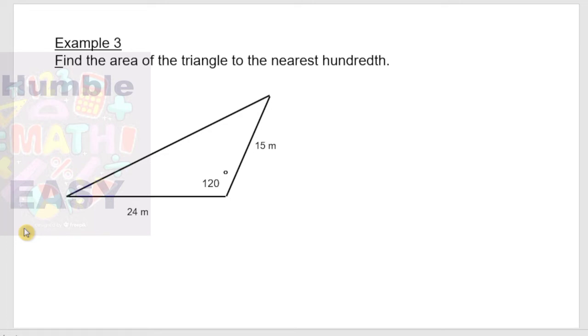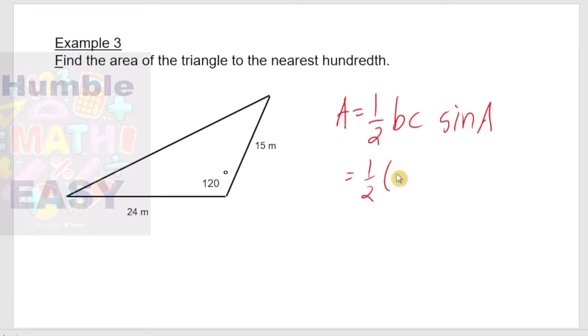Therefore, you can make use of the formula, again, 1/2 BC sine A. So we now have 1/2 times 24 times 15 times sine 120.